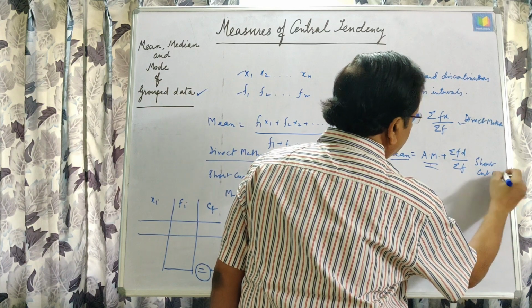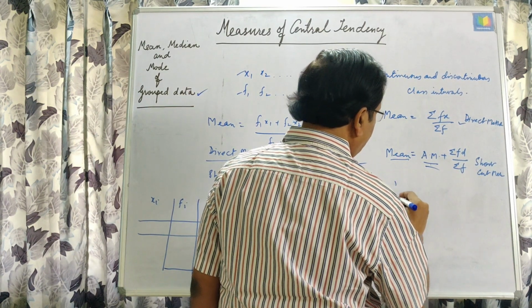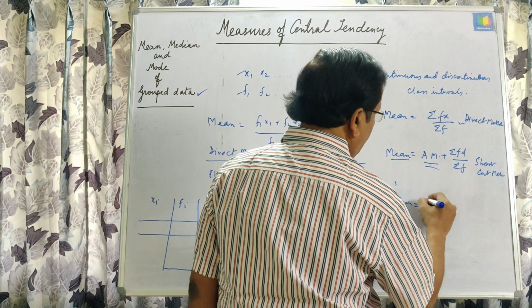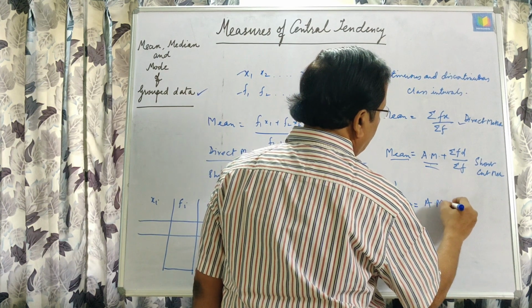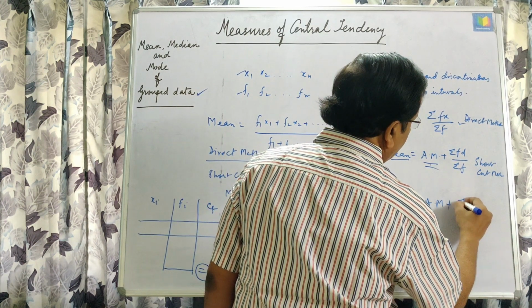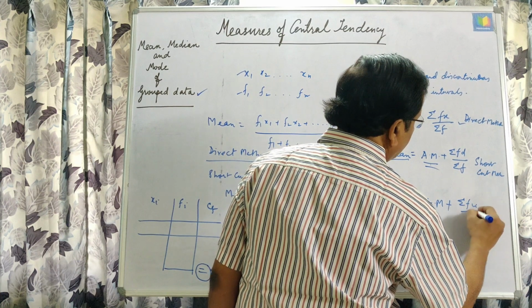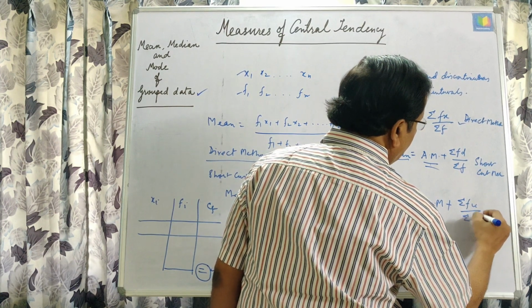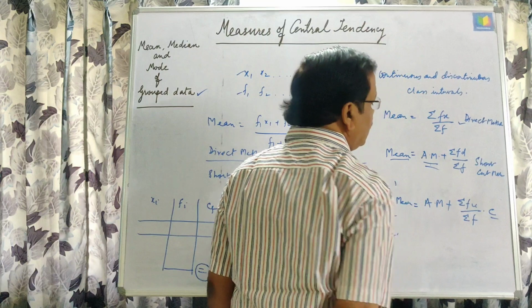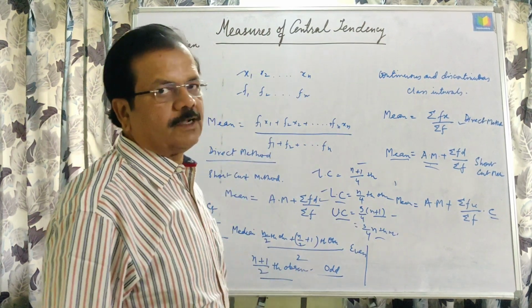And the third one is the step deviation method: again assumed mean plus sigma fu upon sigma f into c, where c is the width of the class interval.